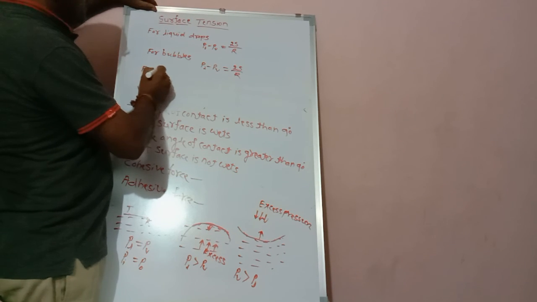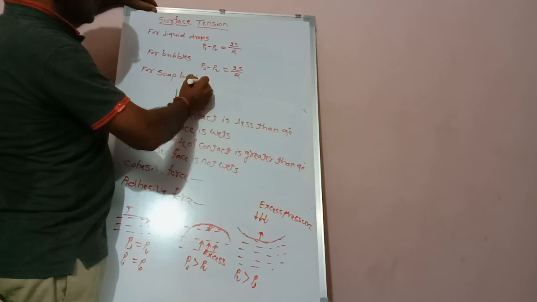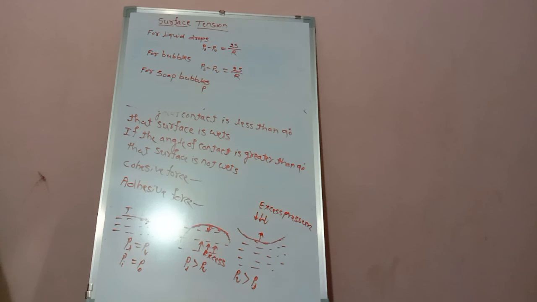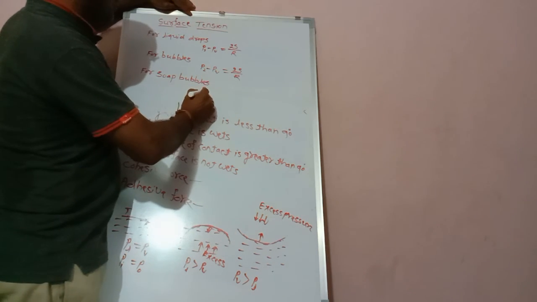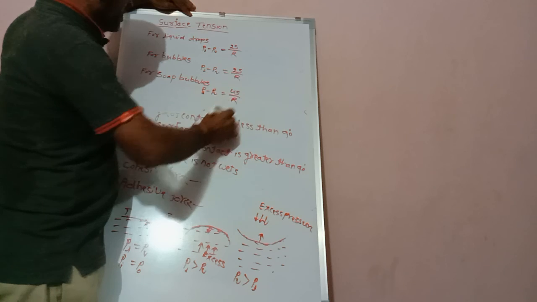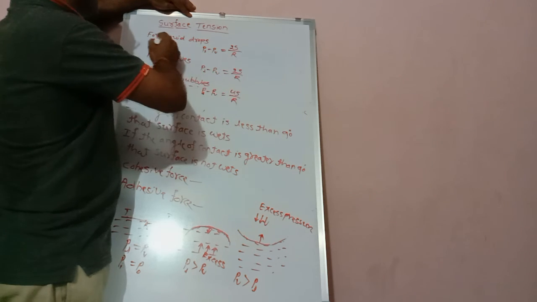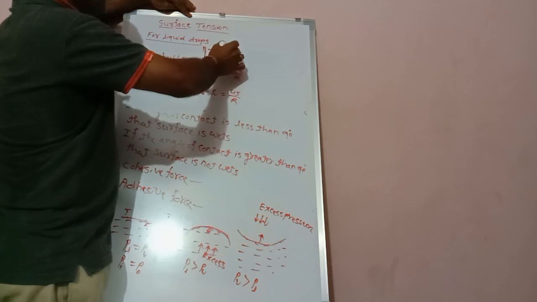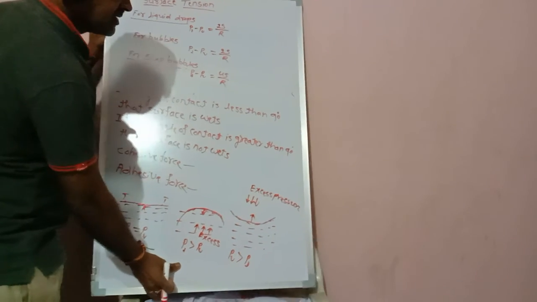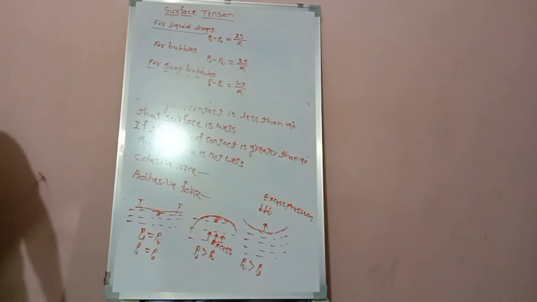The excess pressure for soap bubbles is equal to 4S divided by R. For liquid drops, PL minus PV is equal to 2S divided by R. Okay, this is for liquid surfaces.